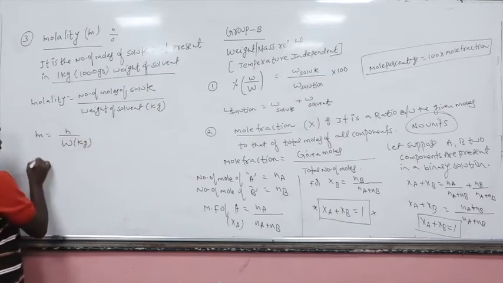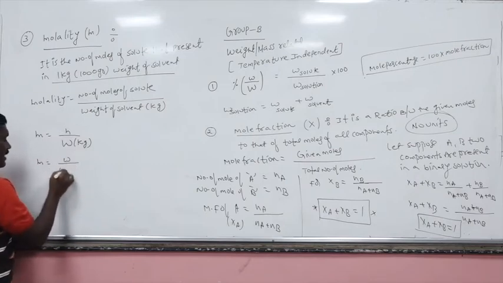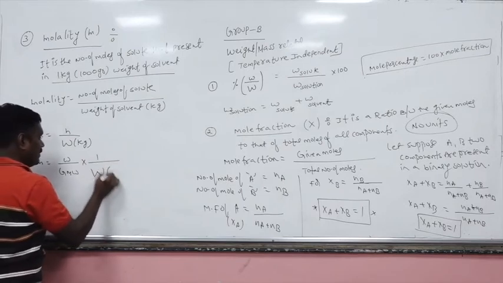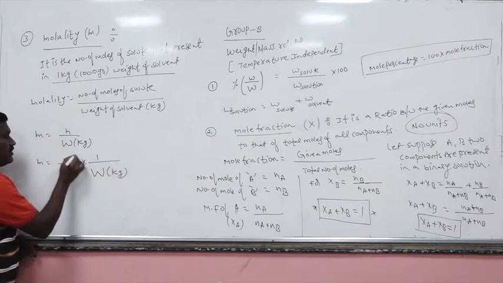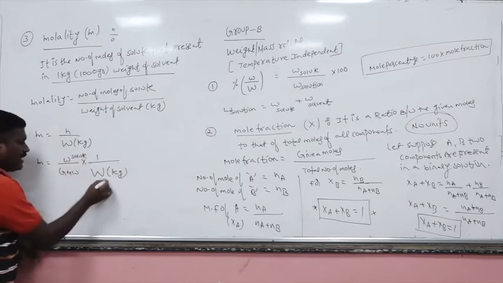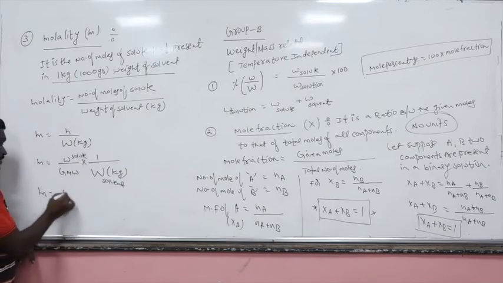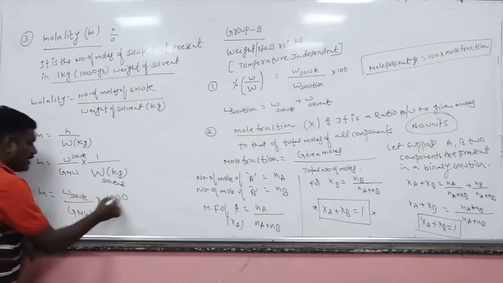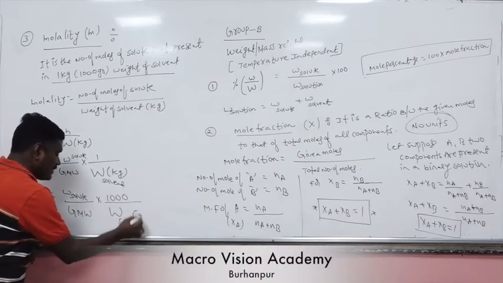Okay. Now, how to find the number of moles? Given weight upon gram molecular weight, into 1 by capital W. Remember, the small w corresponds to solute weight, capital W corresponds to solvent weight. Okay, molality is equal to the weight of the solute divided by the gram molecular weight of the solute, into 1000 by the weight of the solvent in grams.